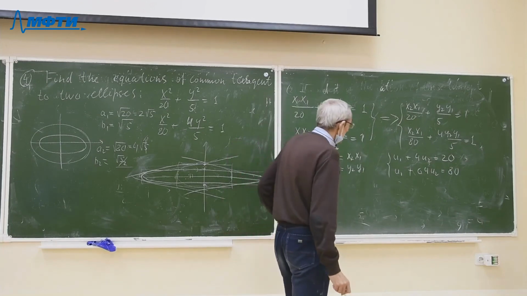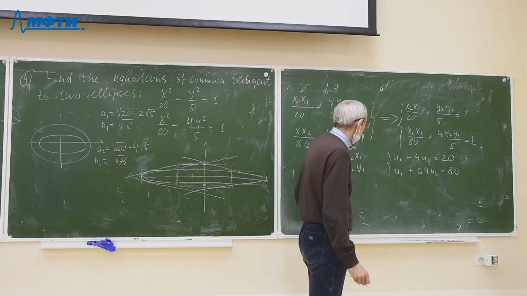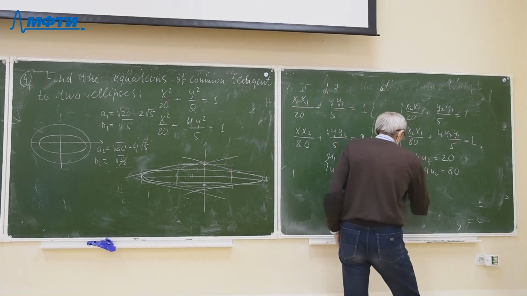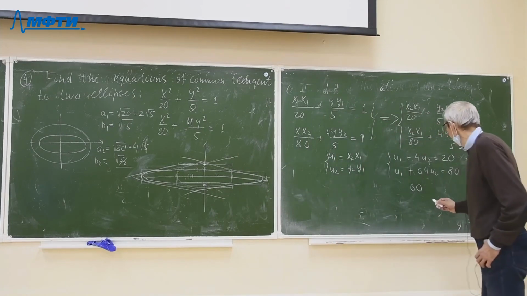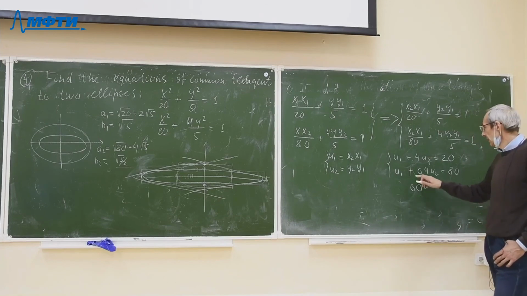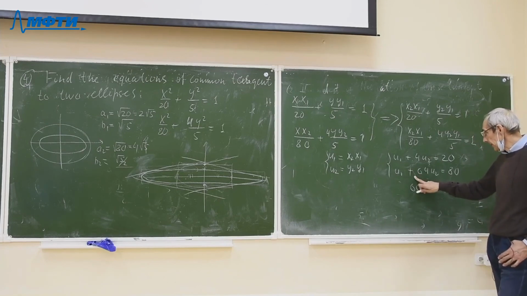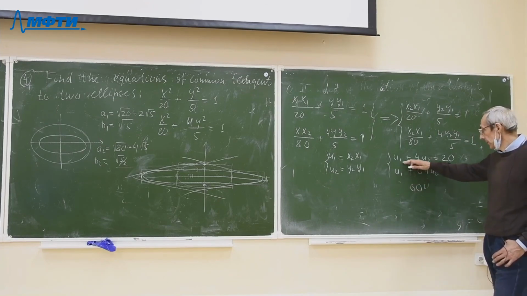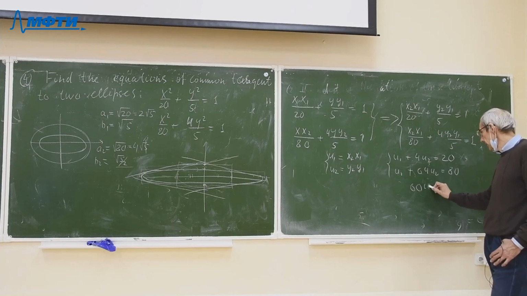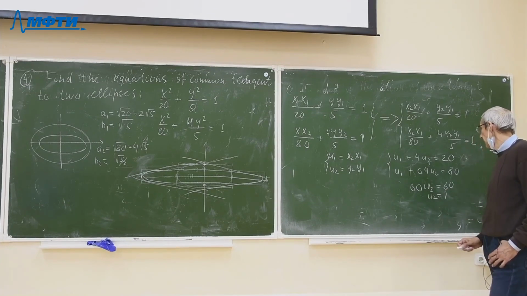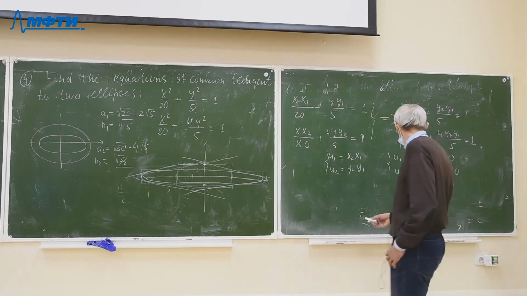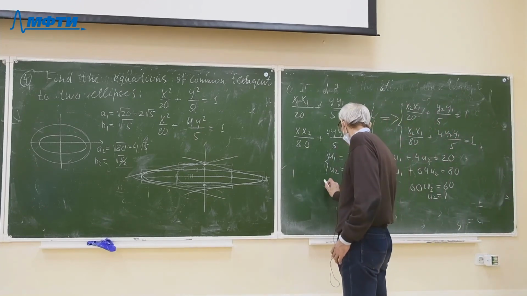We solve this system: subtracting the first equation from the second, we obtain 60 u2 is equal to 60. u2 is equal to 1, u1 is equal to 16.